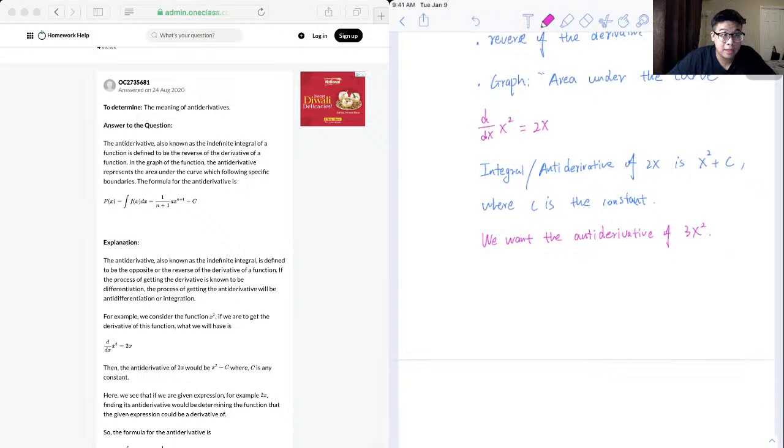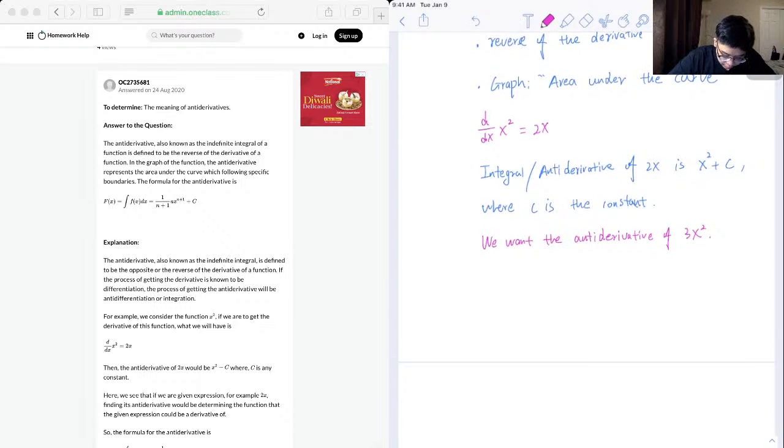By the formula we gave earlier, it will be equal to the integral of 3x squared dx, which is 3 times 1 over 2 plus 1 times x to the exponent of 2 plus 1, which is equal to 3 times 1 over 3 x to the exponent of 3.